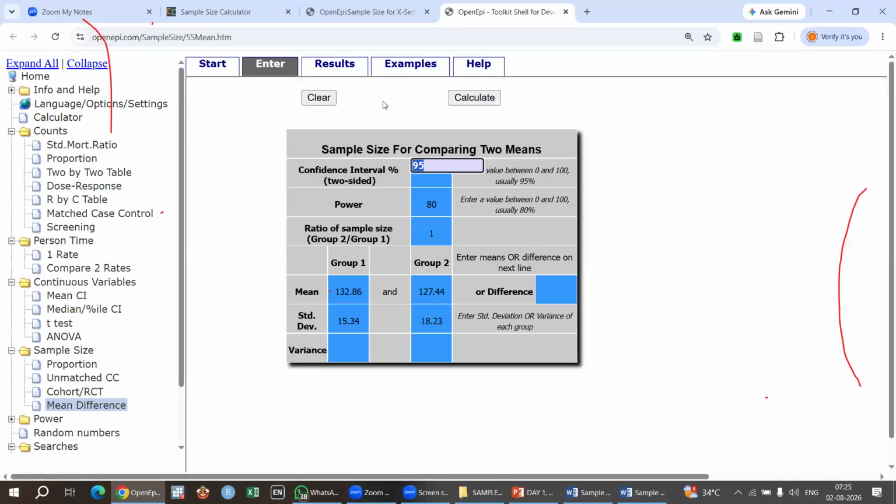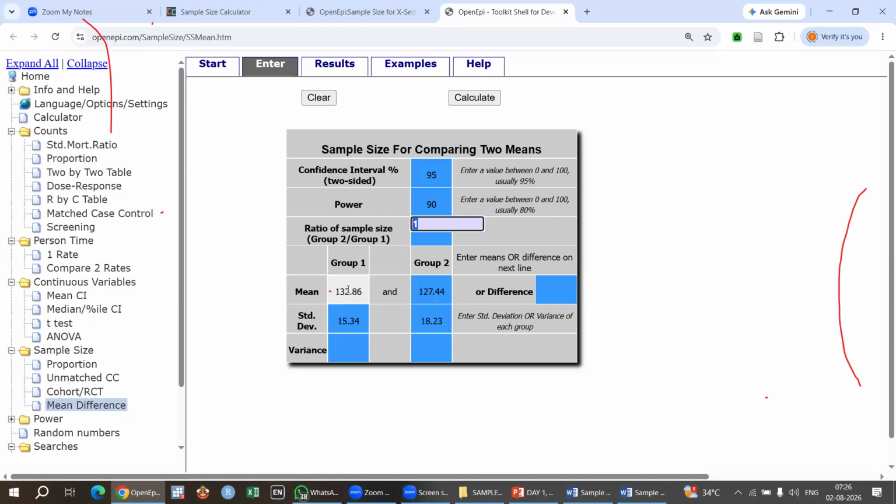Okay. This software is also reliable. So here we have written confidence interval, two-sided 95%. Power we have taken 80% or 90%. In this case, we have taken 90% if you remember. Ratio of sample size group 2 to group 1, we have taken 1. Then here group 1 mean and SD we can enter, and group 2 mean and SD we can enter.